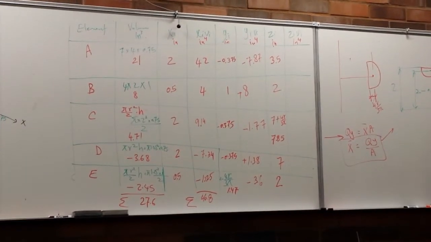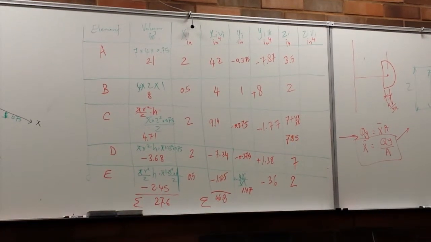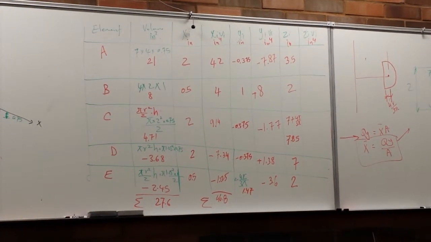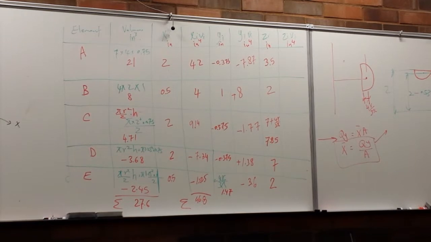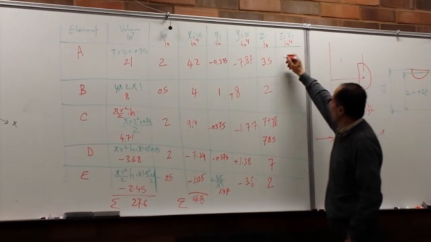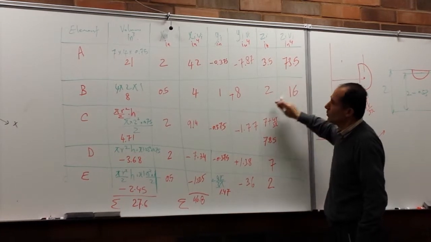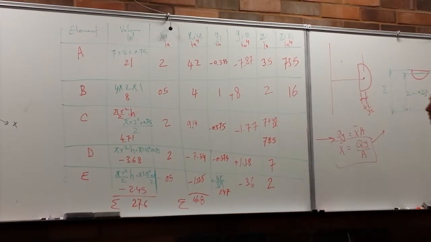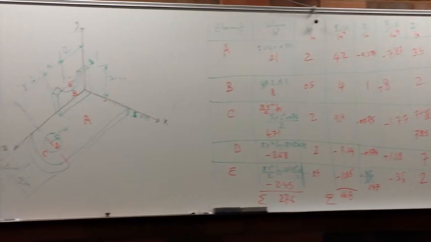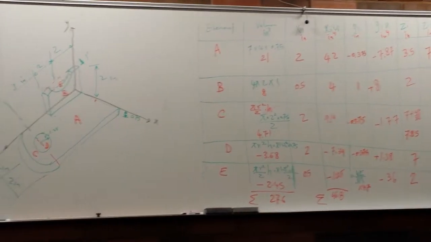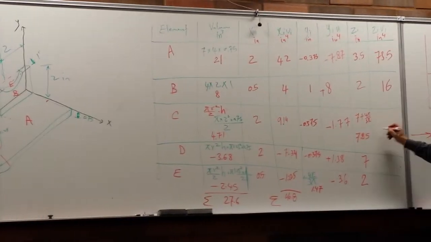Let's now go to C, multiplication. 21 times the 3.5 is 73.5. 2 times 8 is 16. 471 times 7.85 is 36.97.